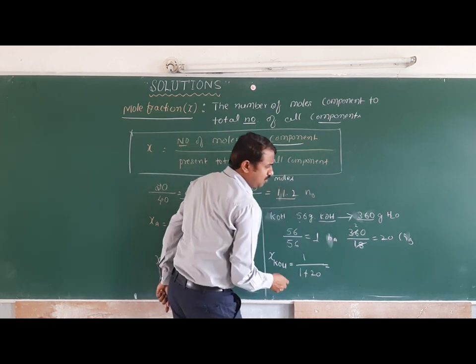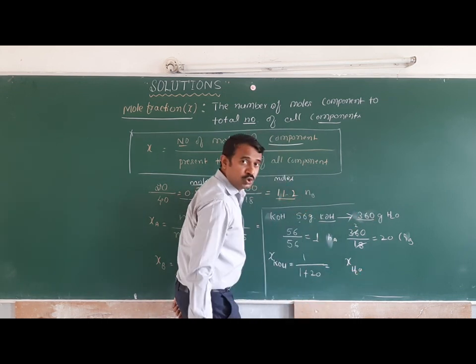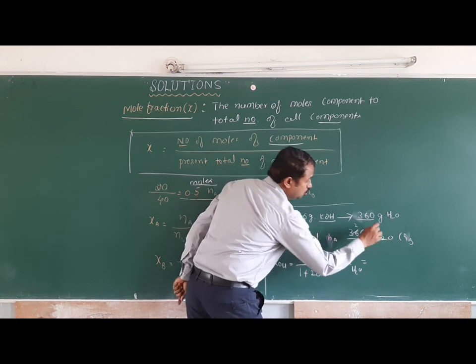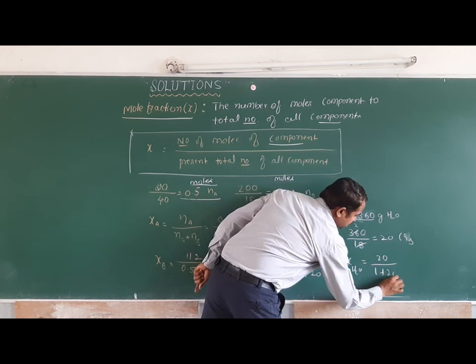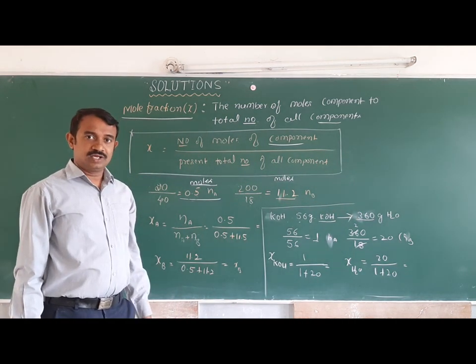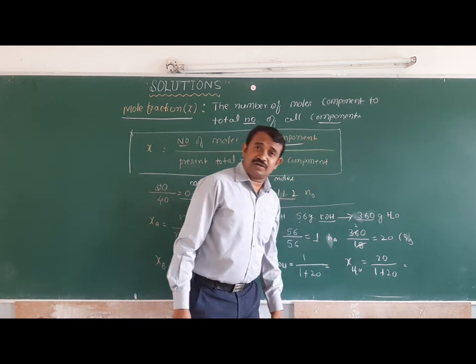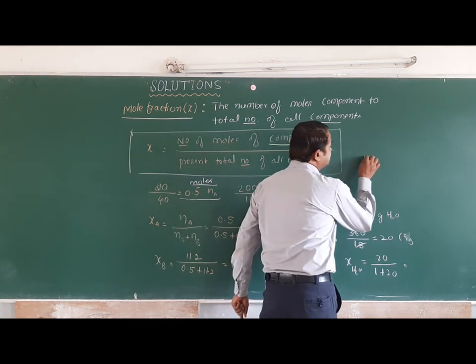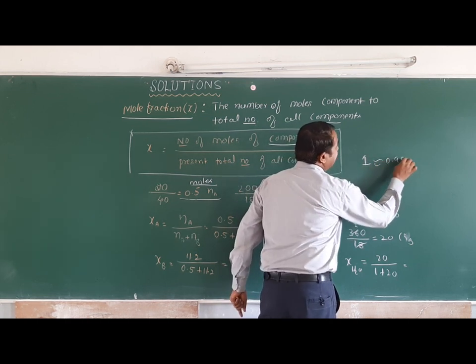If you want the mole fraction of water, X H2O equals 20 divided by 1 plus 20, you will get the mole fraction of water. When we get both mole fraction A and mole fraction B, the sum should be nearest to 1, or you will get 0.99.